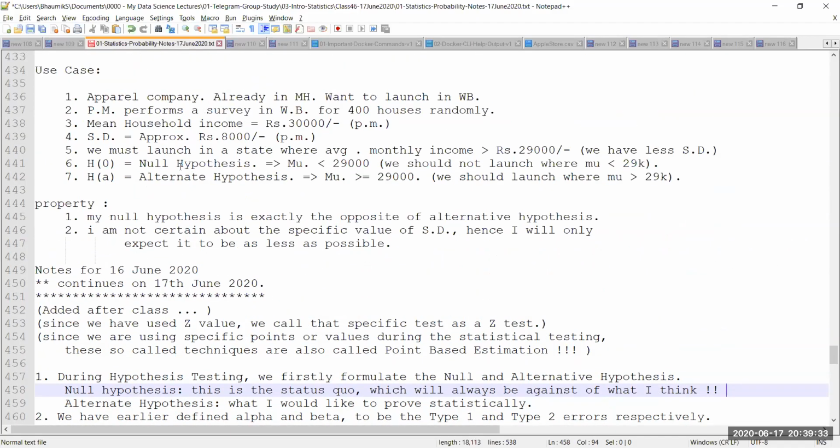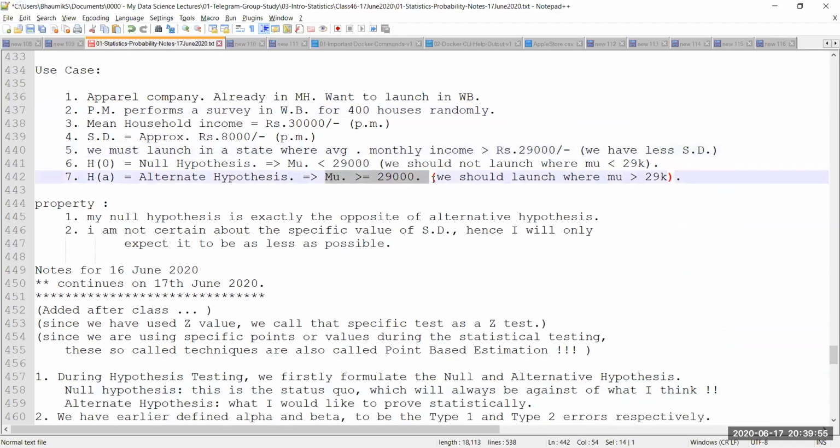If I had taken a null hypothesis mu less than 29,000, this is not what my product manager handed me. She is quite confident that where average monthly income is greater than 29,000 in the state of West Bengal, we must launch. So this is what she is expecting, this is what she is asking me to do.